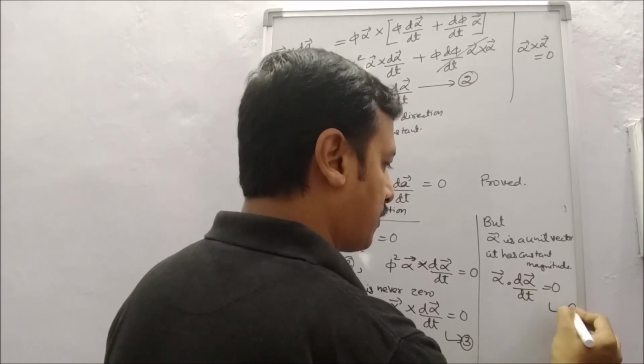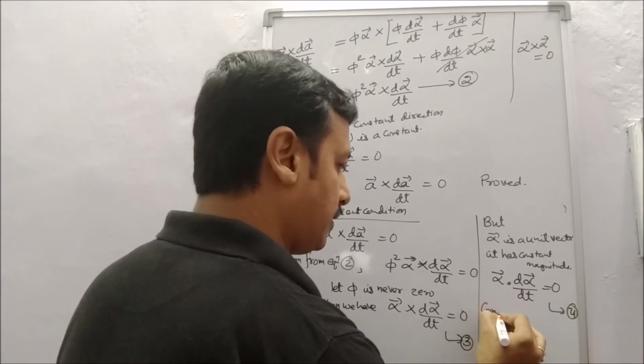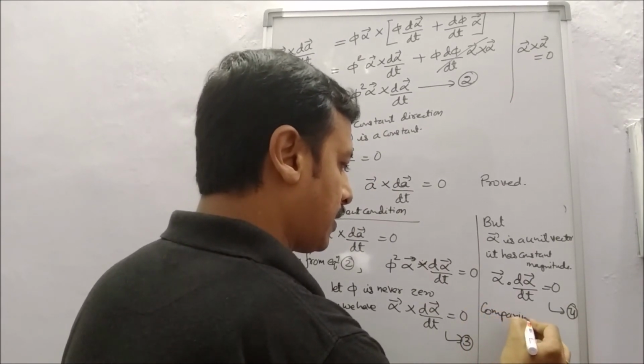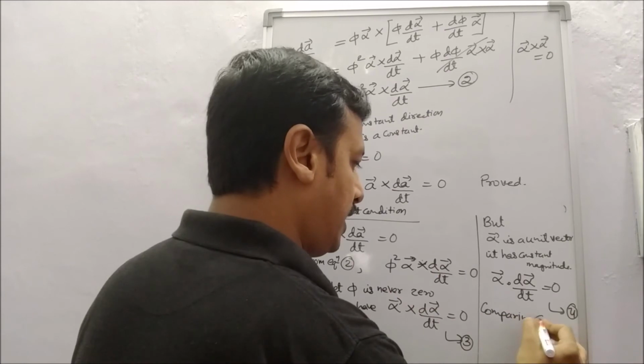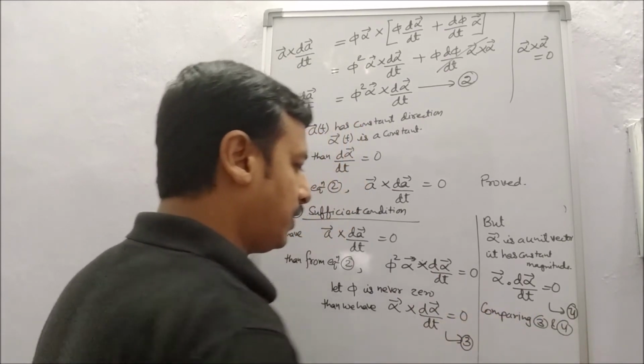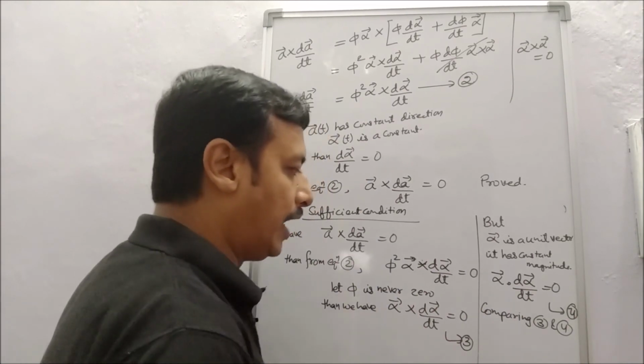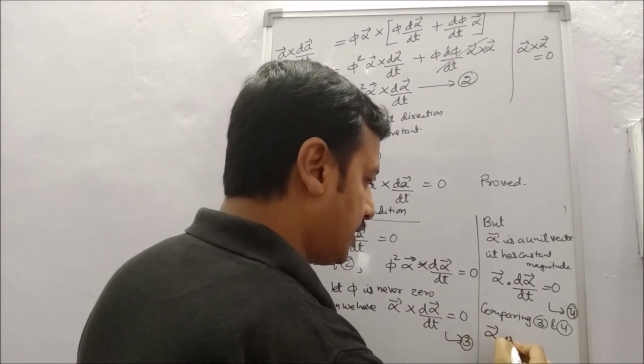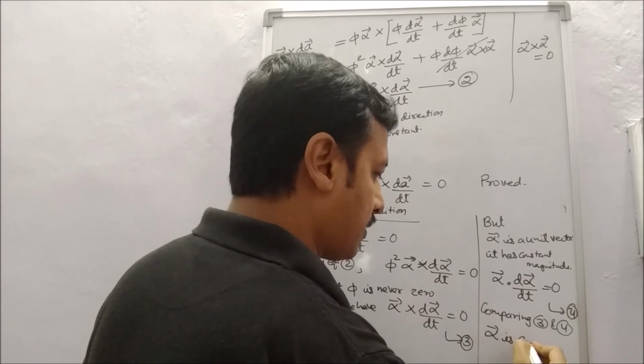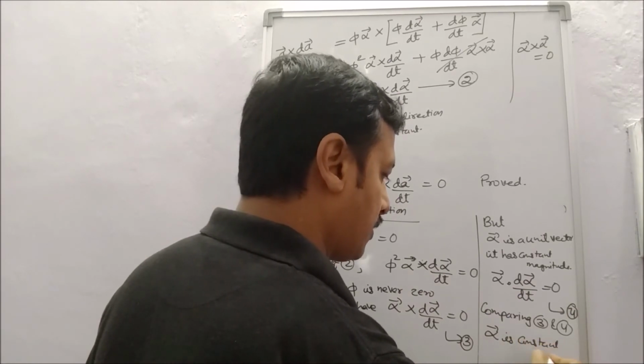This is equation number 4. Comparing 3 and 4, we see that alpha is a constant vector.